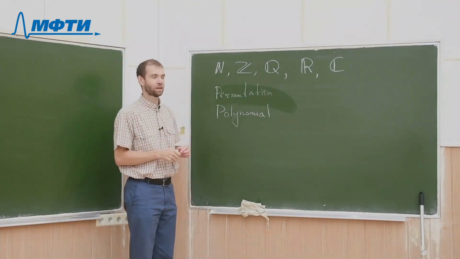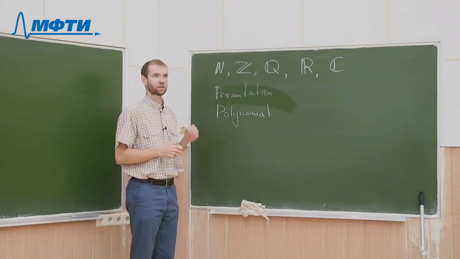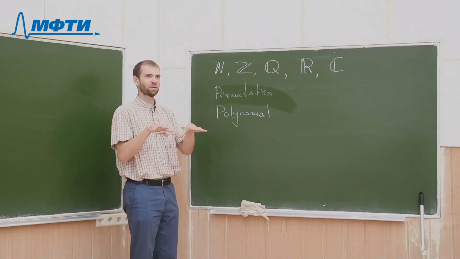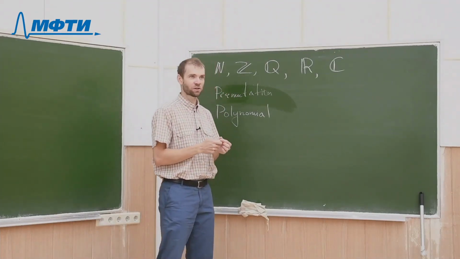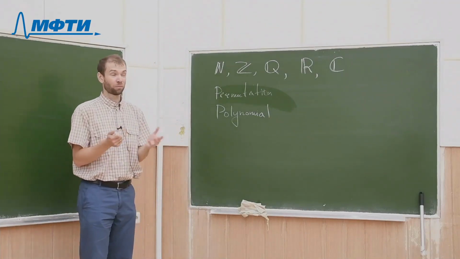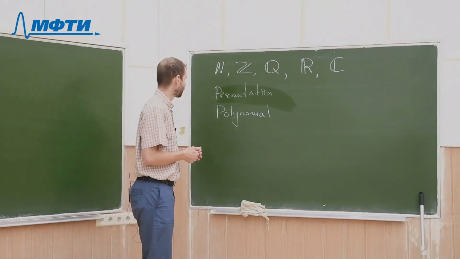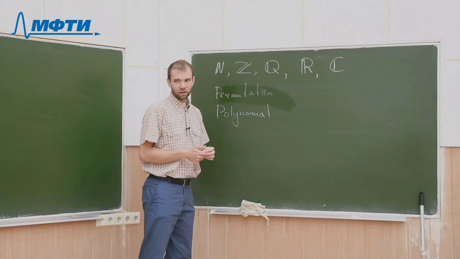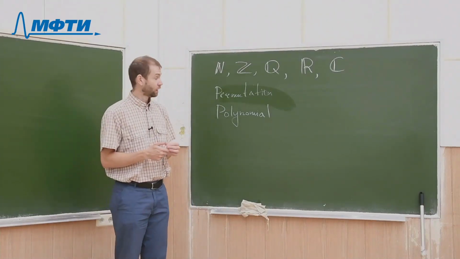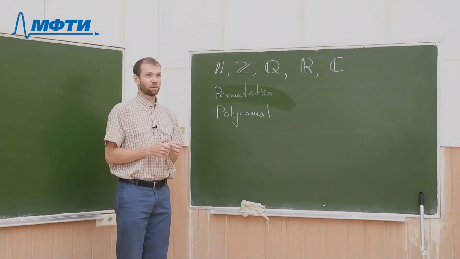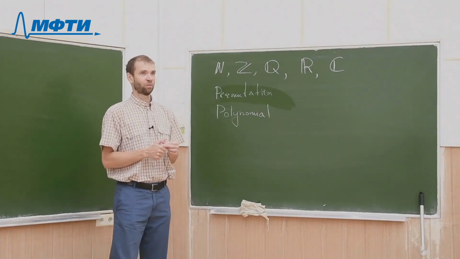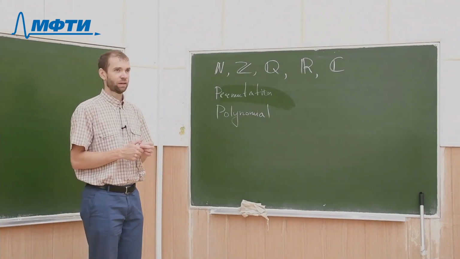Well, it's just some kind of special kind of expression, very, very limited, just limited to multiplication and addition and taking powers of some variable, okay? So a permutation is a map, is a bijective mapping of a set onto itself.